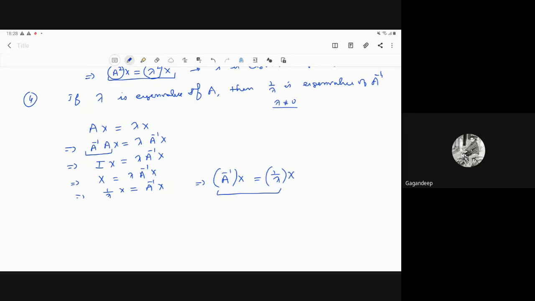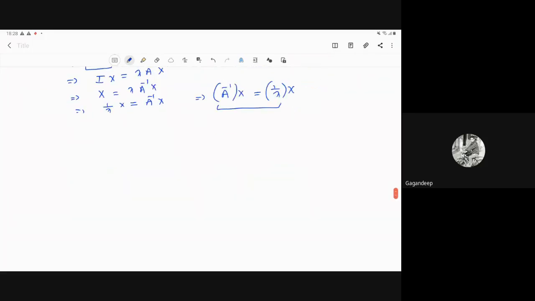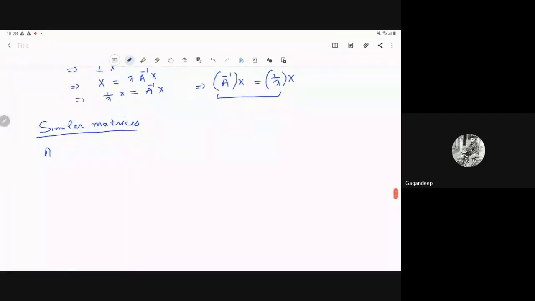After the properties, let's move to the next topic. That is similar matrices. Similar matrices. You will see some interesting things here. Suppose A is a given matrix of order n cross n.